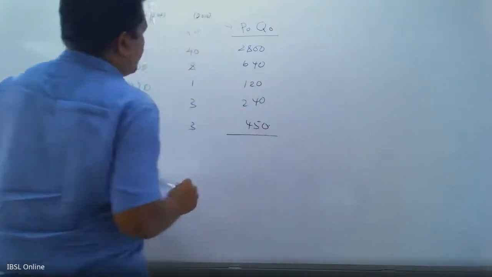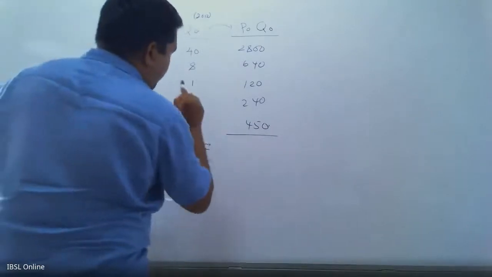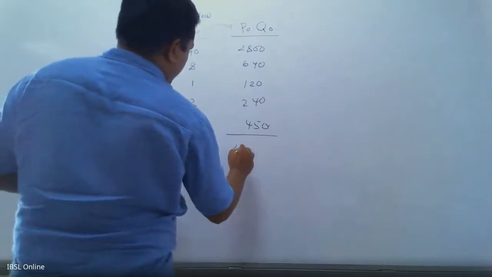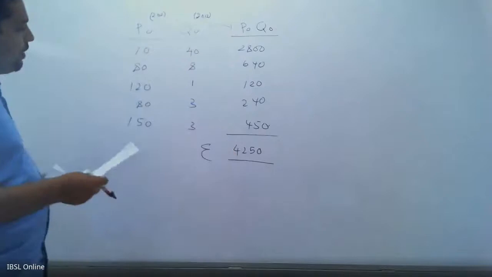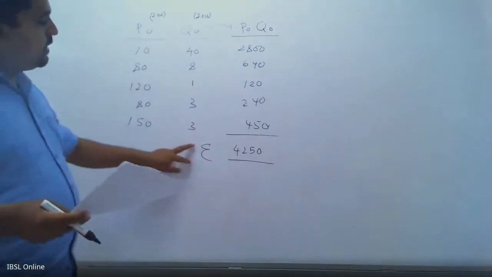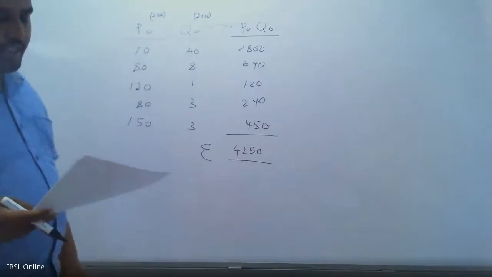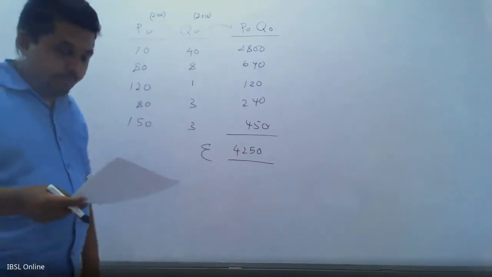Then you can take the sigma of these points, and should get a value close to 4250. What we have calculated here is sigma P0 Q0. That's the denominator part of the Laspeyres equation.